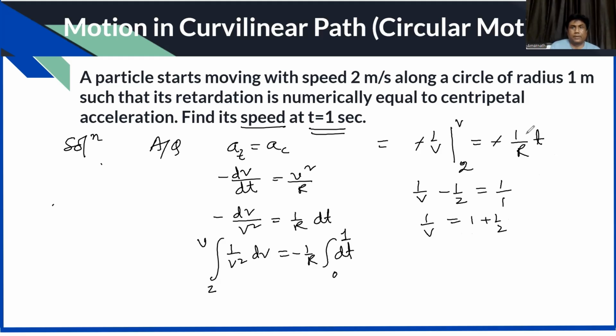So 1 by v is 3 by 2. So v equal to 2 by 3 meter per second. Obviously, now also it is retarding, so speed is decreasing. You see, initial speed was 2, and after certain time, speed becomes 2 upon 3.